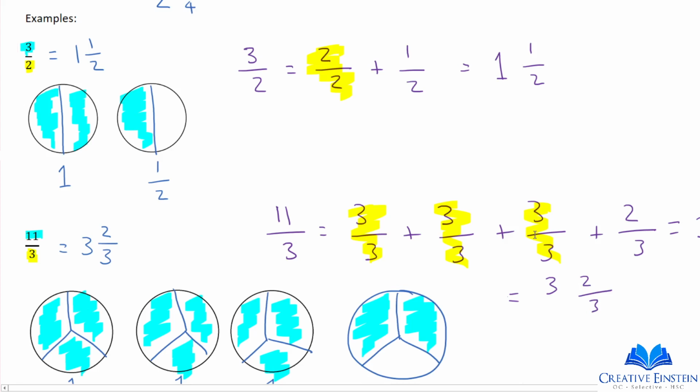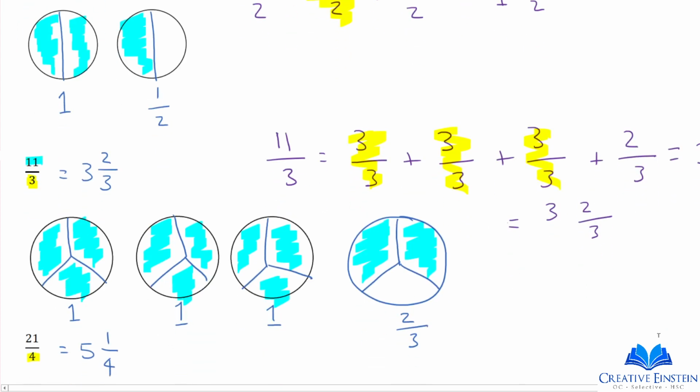Okay, let's take a look at the next example. We won't look at the picture this time. I'm just going to try and do it without the picture. So we've got 21 on 4. That's the same as 4/4 plus 4/4 plus 4/4 plus 4/4.